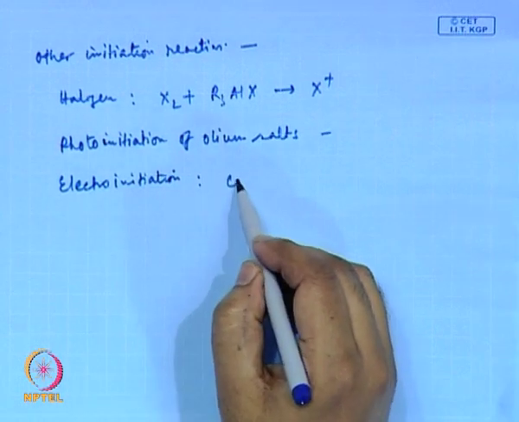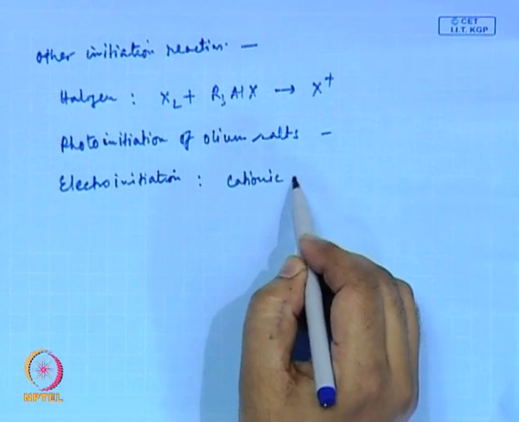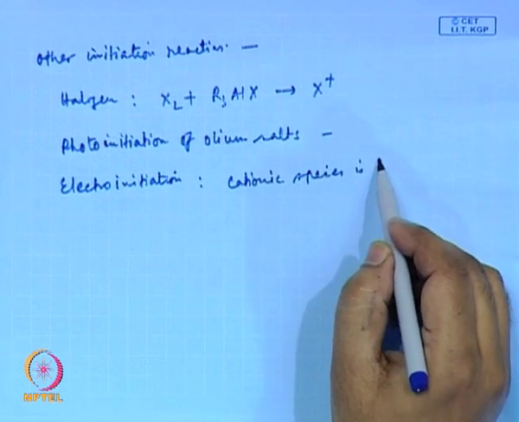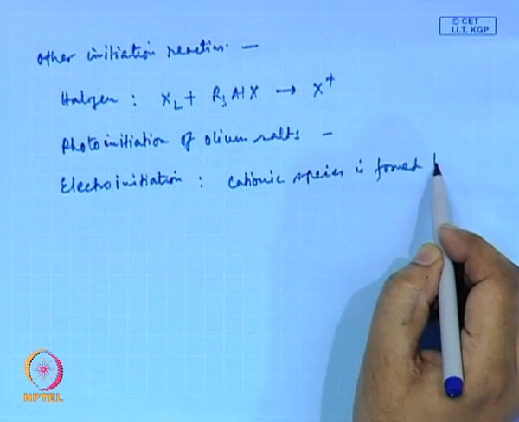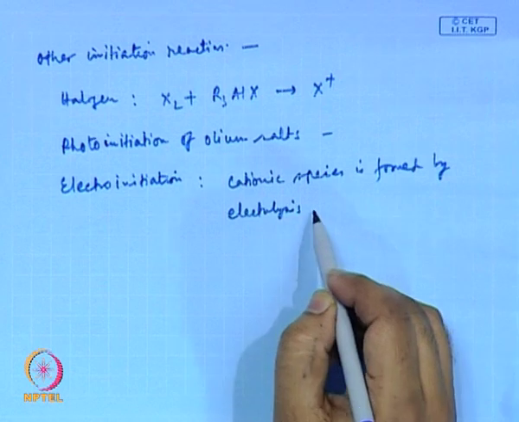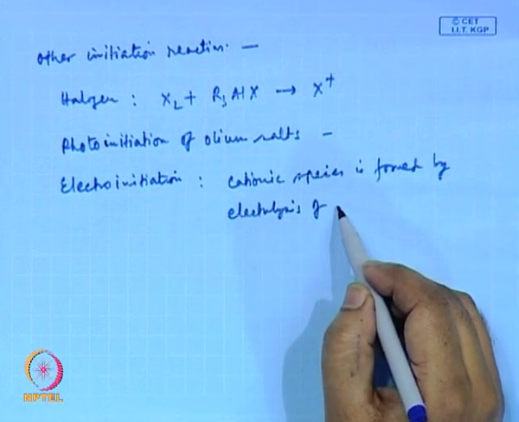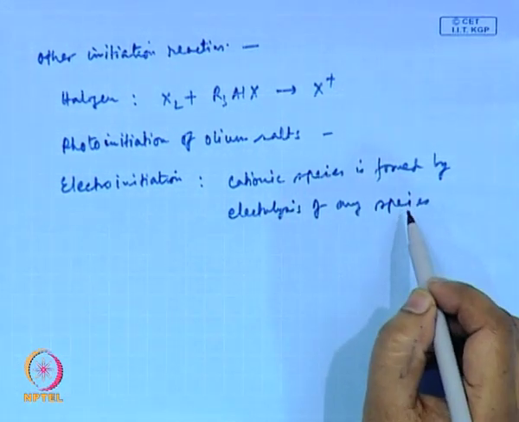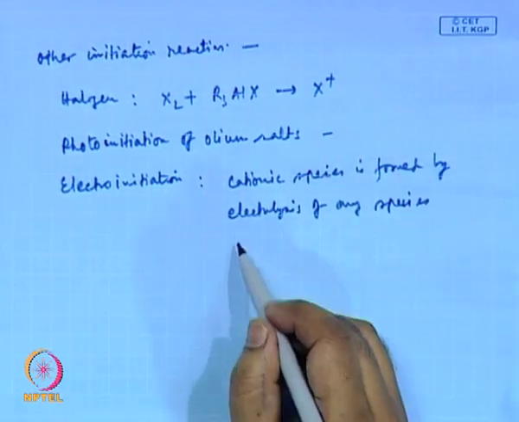where a cationic species is formed by electrolysis of any species present in the medium.